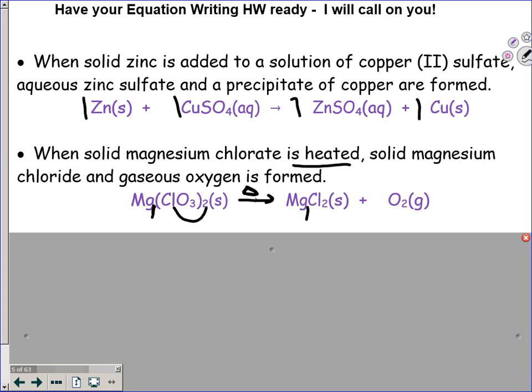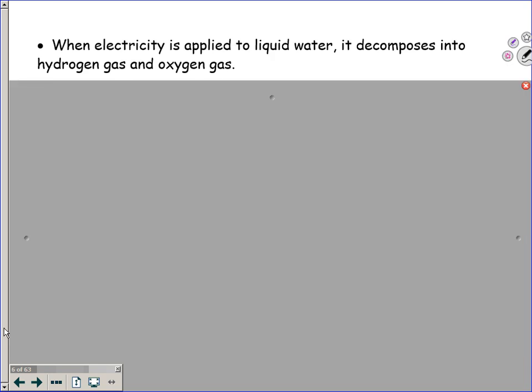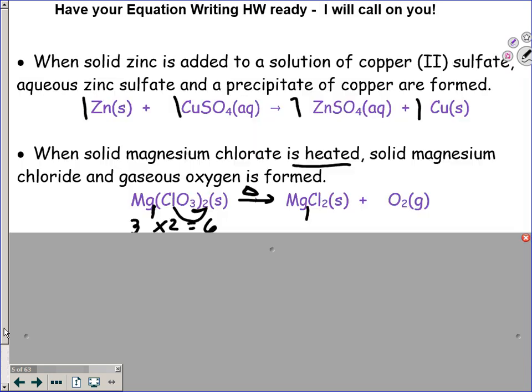Okay, so magnesiums are fine. Chlorines are fine. How many oxygens are here? You multiply, right? So 3 times 2 is equal to 6. So 6 oxygens on the reactant side. How many oxygens are here? 2. Okay, you already have your reaction template. Do not mess with a single subscript.